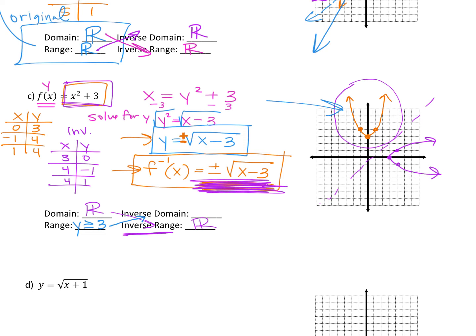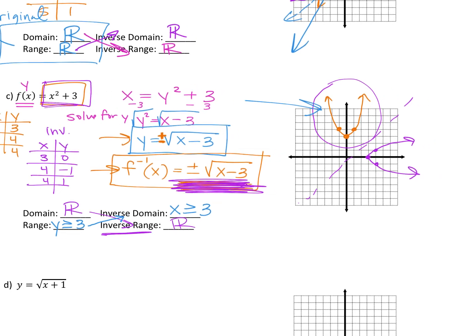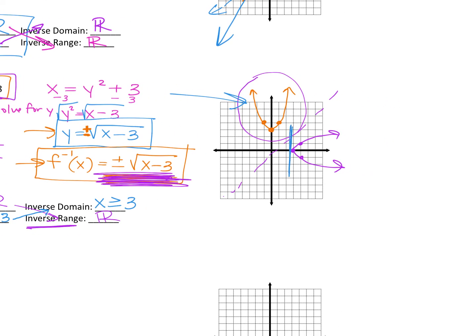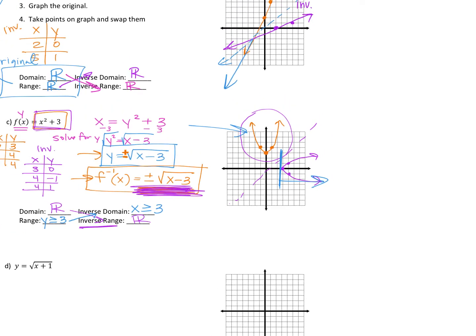So instead of y is greater than or equal to 3, it's the x value that's going to be greater than or equal to 3. And if you look over here, we're at 3. It's got to be greater than or equal to 3 on your x-axis, okay? Does that make sense?